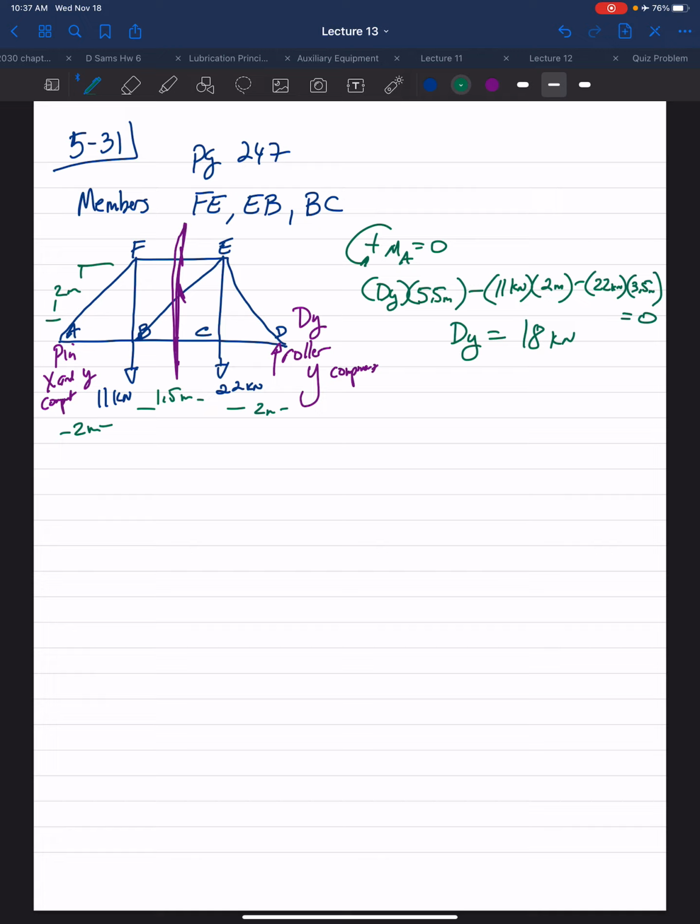So now let's redraw the truss after the cut, now that we know our dy support reaction. This is 22 kilonewtons, dy 18 kilonewtons.